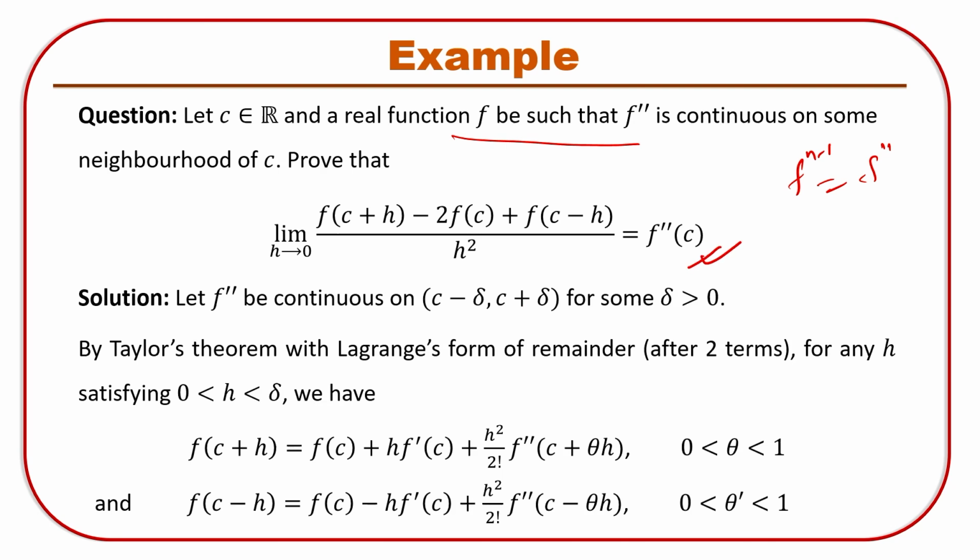Here the question has not been asked only directly for Taylor's theorem, but for the second derivative of the function. Now, we have to prove the left hand side in a limit form, and on the right hand side it is given as a second derivative of f at the point C. So, let f double dash be continuous on an open interval C minus delta to C plus delta for some delta greater than 0.